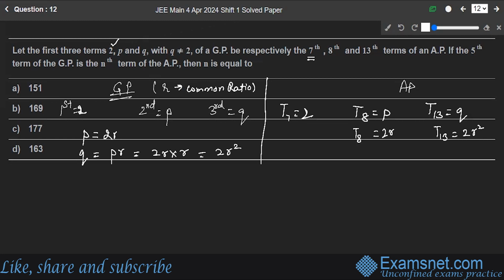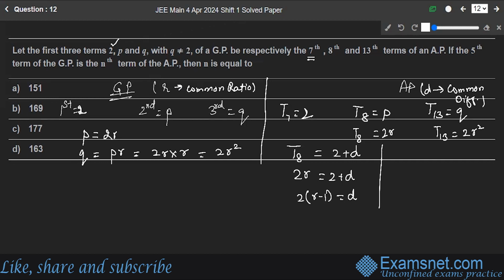Correct. So first, T8 is equal to 2 plus d. I'm taking d as the common difference. So 2r is equal to 2 plus d, or 2r minus 2 is equal to d.